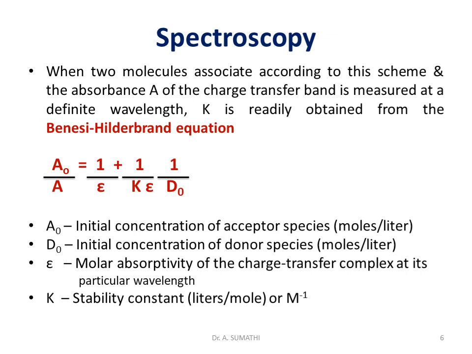And K is the stability constant. Using the Benesi-Hildebrand equation, we can identify how the donor and acceptor molecules associate and find out the absorbance.